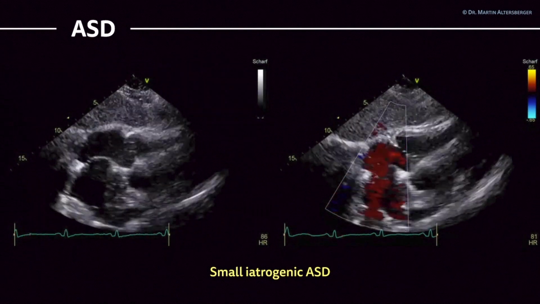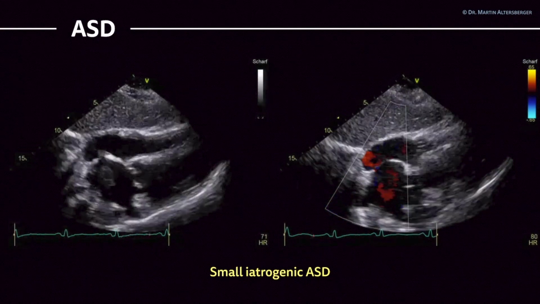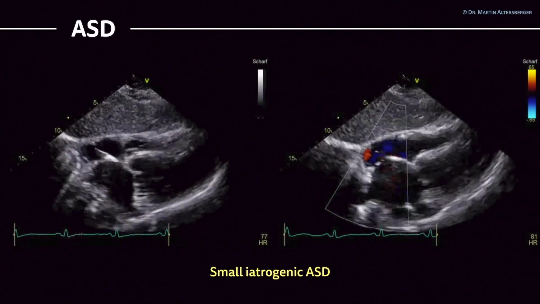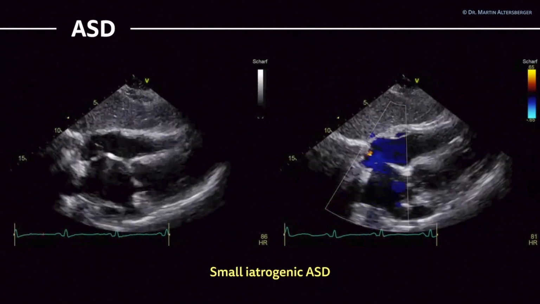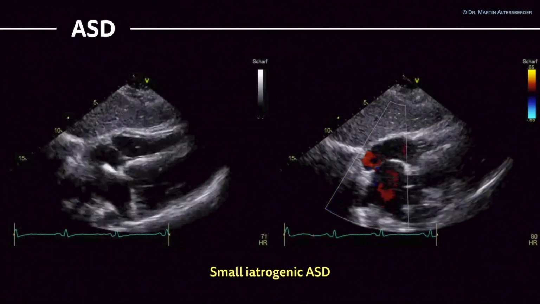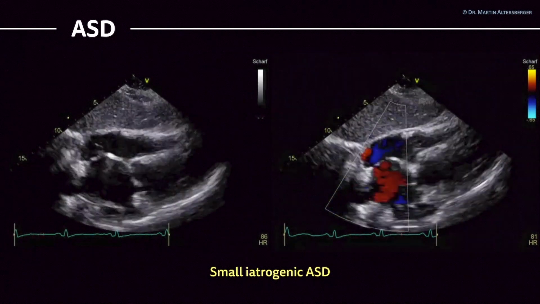Now you see in this patient an acute coronary syndrome, and overall left ventricular function was probably 30 to 35%. What you cannot optimally see in this view is that there's also a mitral clip present, so you cannot really see this, but you see a small iatrogenic atrial septal defect.